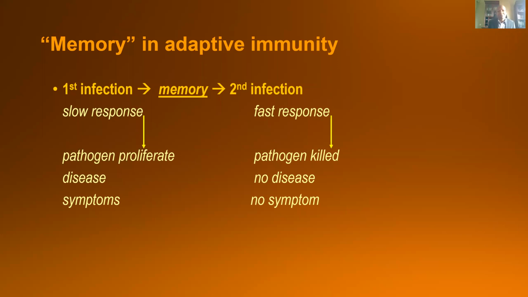Now, this is what happens if you get the first infection, and you can learn this from yourself: you realize that the adaptive immunity will be very slow in response. Why? Because it is trying to assemble all the arsenal required to recognize and effect the removal of that pathogen.